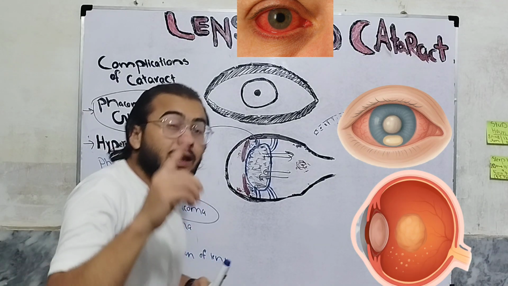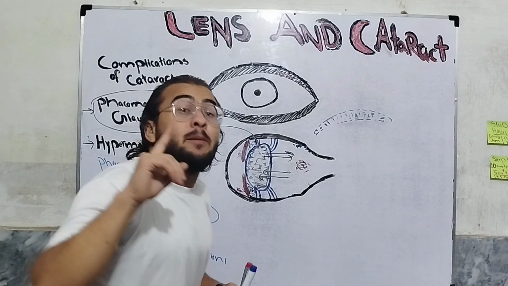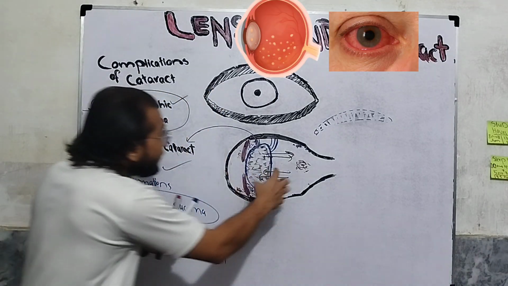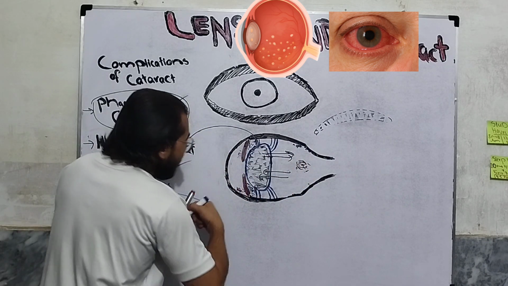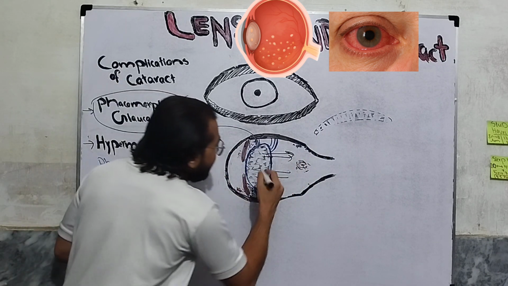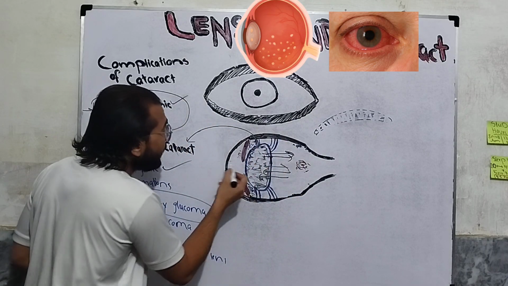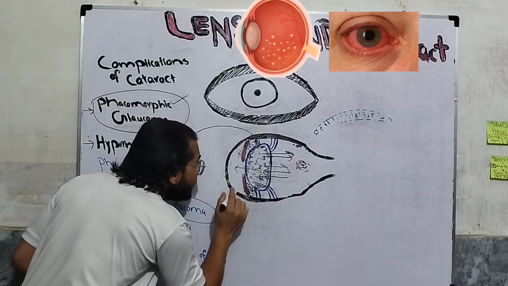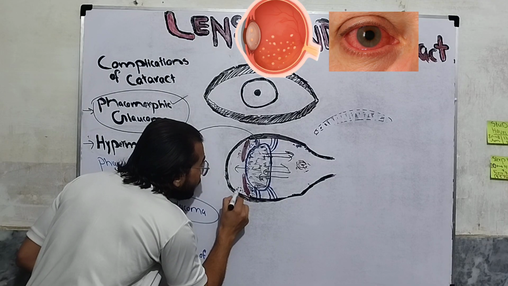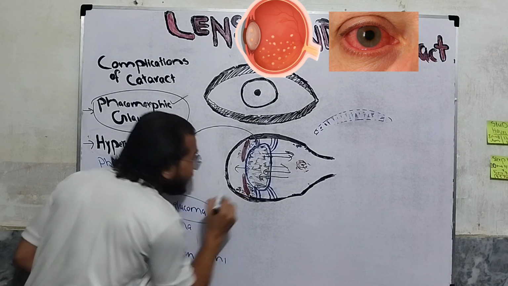Now it is causing another type of glaucoma, which is called phacolytic glaucoma, as the proteins are diffusing outside of the lens into the vitreous humor as well as into the aqueous humor. So these proteins can directly deposit in the trabecular meshwork and block these channels, okay.